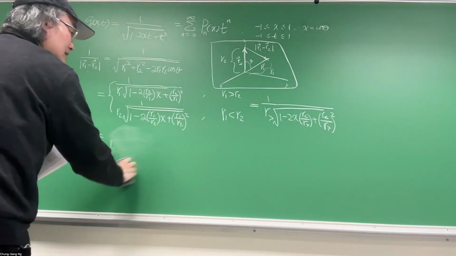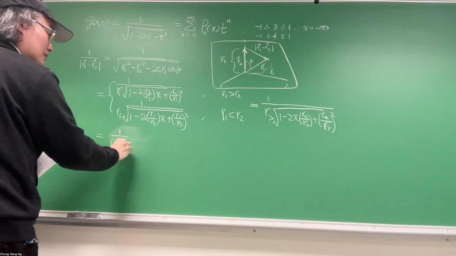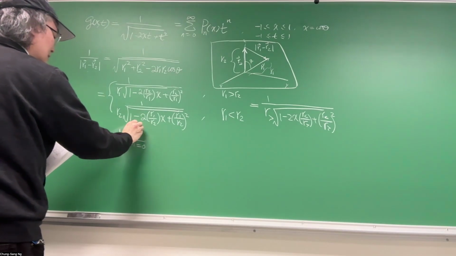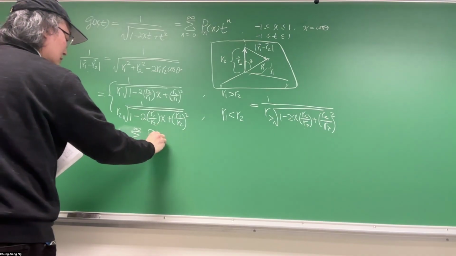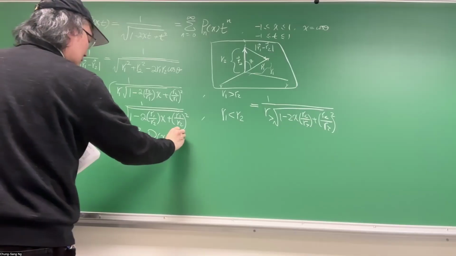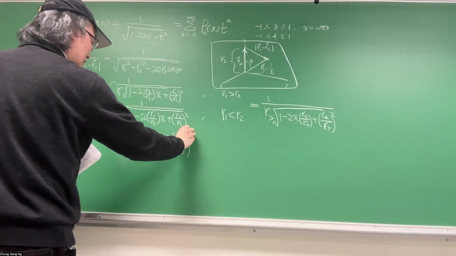It's just the square root part, 1 over R larger, and summing over n, P_n of x, where x is cosine theta, and then R smaller over R larger to the n.